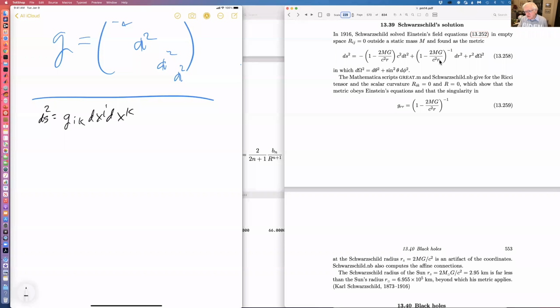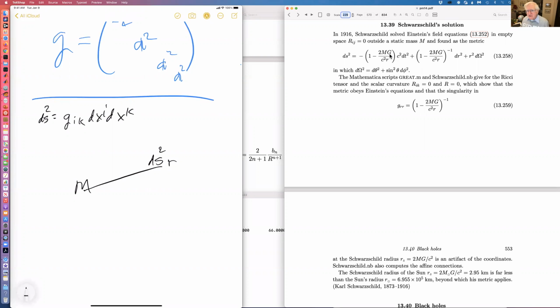And for the case in which it's diagonal, one solution that was found by Schwarzschild was this solution. This is for the metric. If you have a mass m and you're a distance r from the mass m, then the ds squared is given by this expression here, G being Newton's constant, m being the mass there.